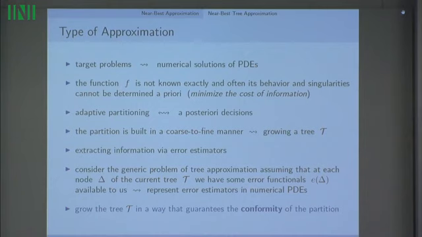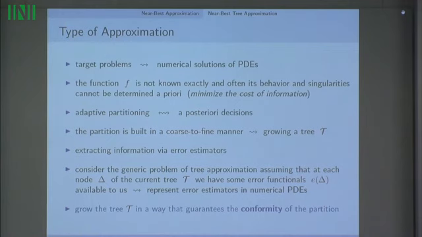So the target problems initially for this problem were numerical PDEs. In numerical PDEs, we have some domain. After that we solve the equation approximately. We have, say, residual estimators, find out what the local errors are, and based on this we make a decision where to subdivide further. So we cannot return back.